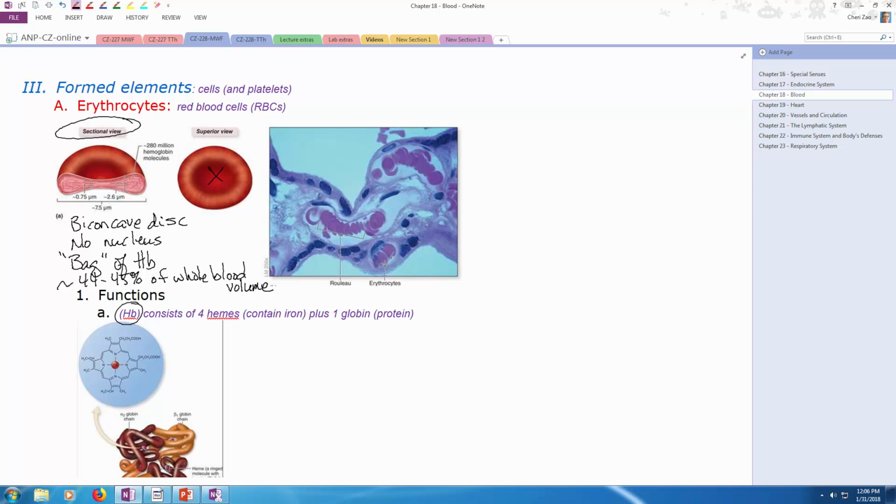That's not actually anything that you'll be tested over, but that's what that looks like. They just stack up because of their very nature. And as they go through capillaries, the capillary only needs to be a little bit wider than the width of a red blood cell. And one of the things that's not a bad idea to keep in your mind and memorize is that a red blood cell's size is about 8 micrometers.